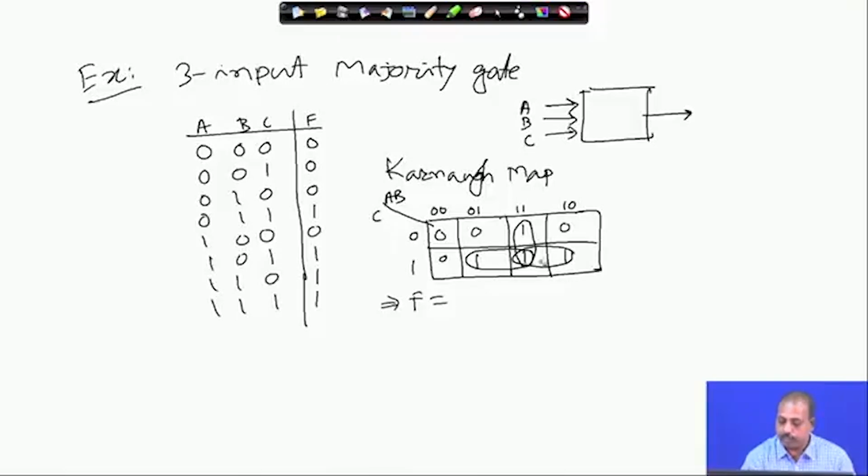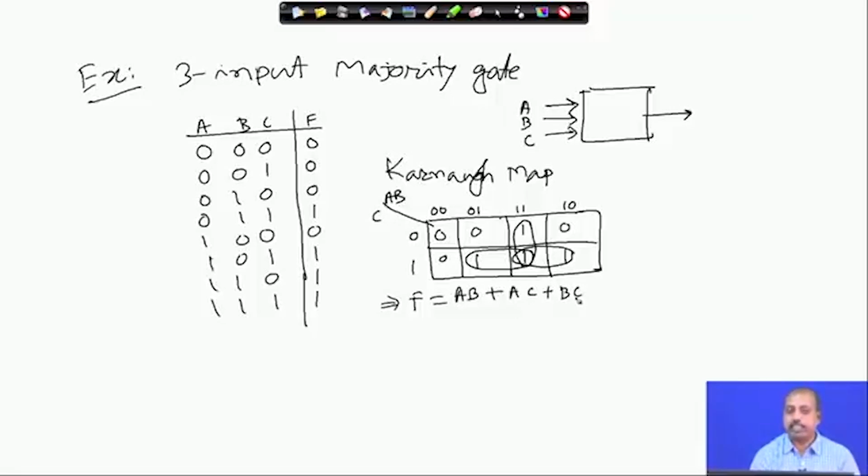Checking this group, this is A B. Taking this group, the bit A is not changing, so it is A C. And taking this group, it is B C. So, A B plus A C plus B C.